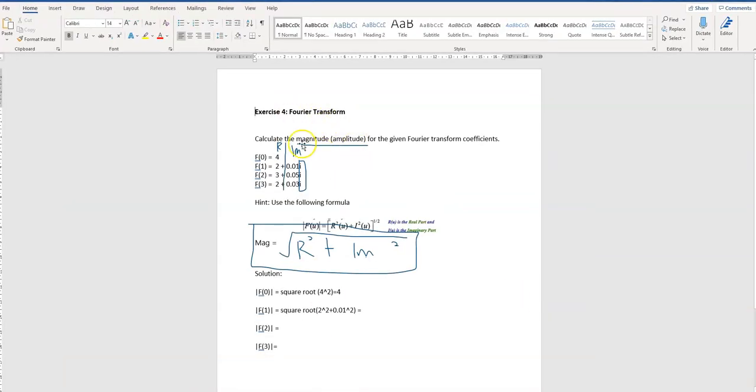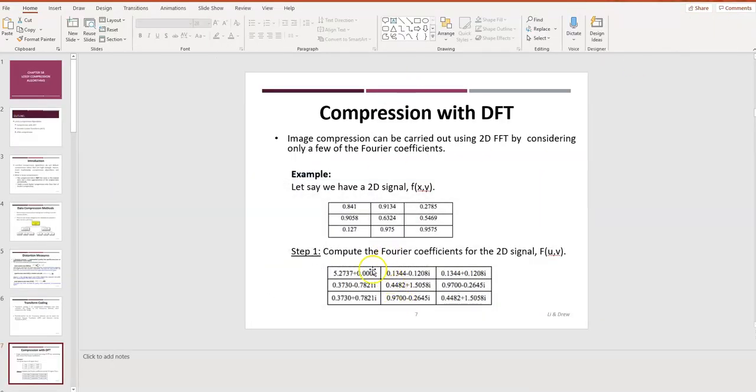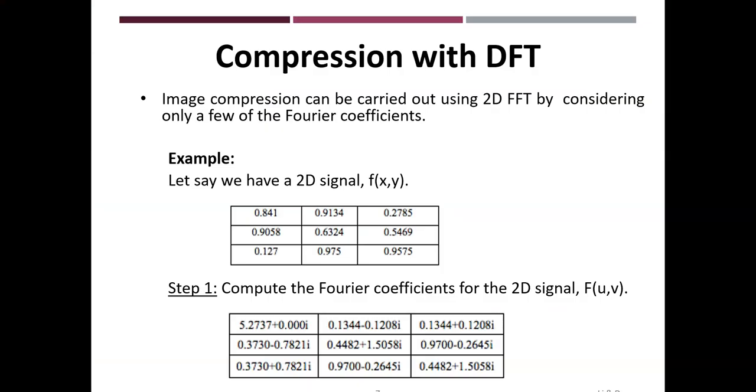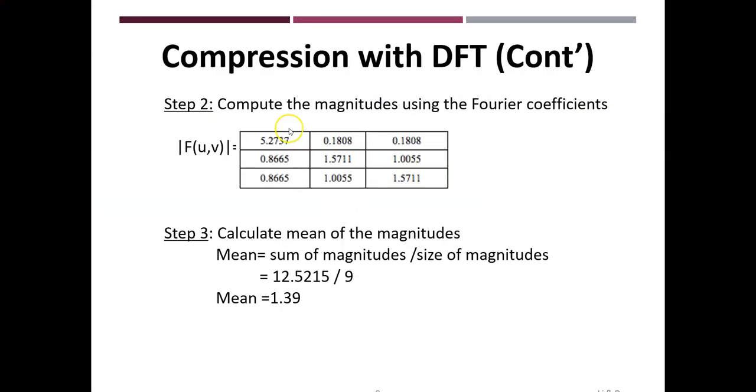Here, using the Fourier transform, we calculate the magnitude, where we have the real and imaginary values. When we compute the Fourier coefficients, we get the real and imaginary values. The second step is to compute the magnitude for each value using the Fourier coefficients. So this is the magnitude for F(u,v).